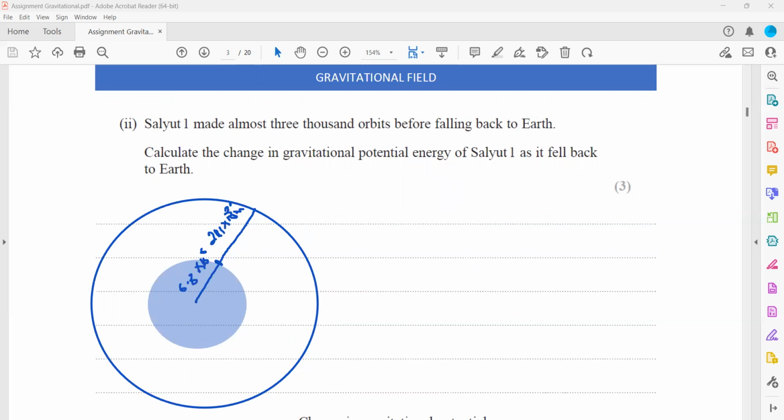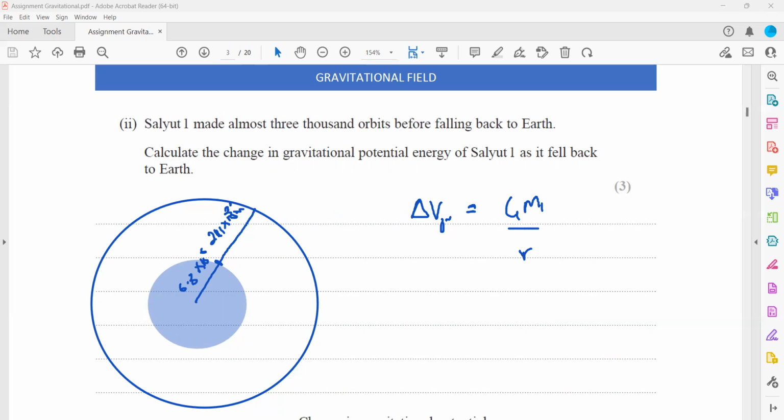So the formula we use for the gravitational potential of a satellite is given by GM over R.